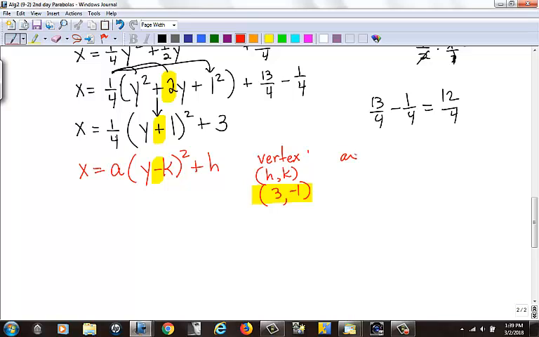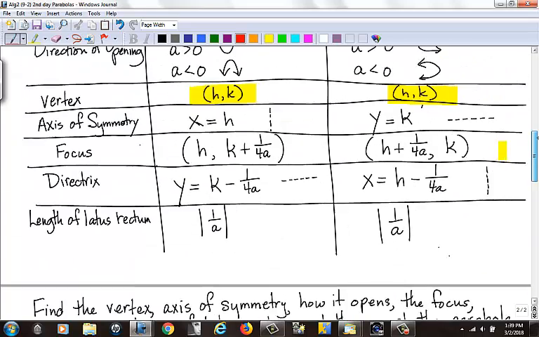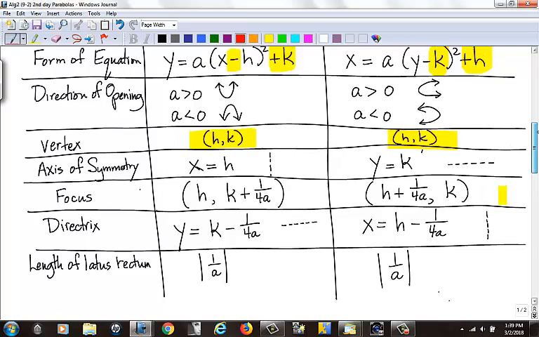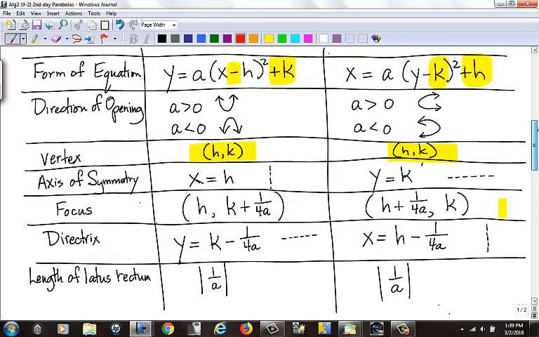Okay, it wants the axis of symmetry. The axis of symmetry is y equals a number. Go back, it's y equals k in this form.